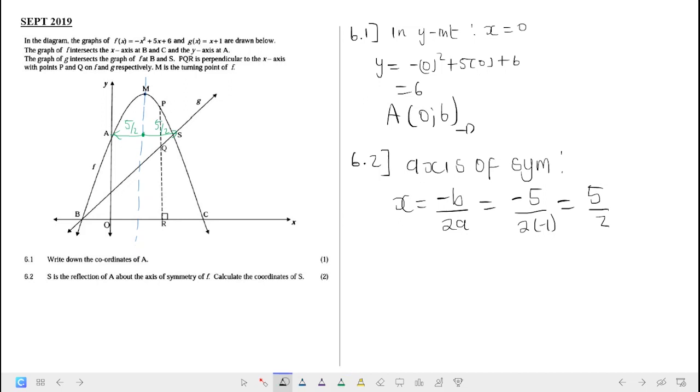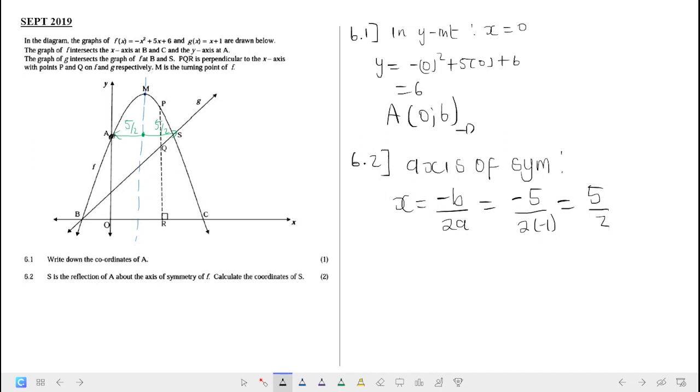Now S is the reflection of A about this line. We know the x coordinate of A was 0. To get to this point, we add 5 over 2 twice.